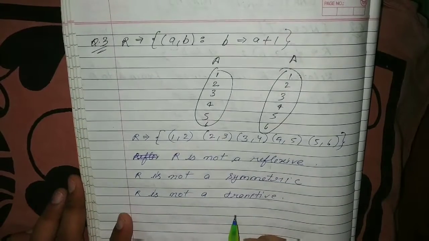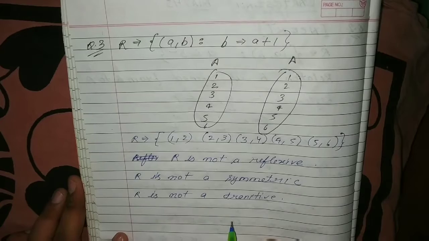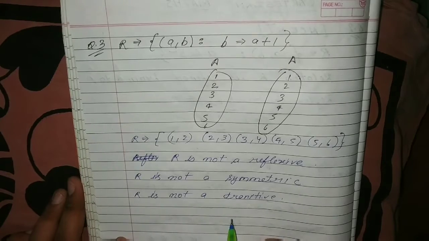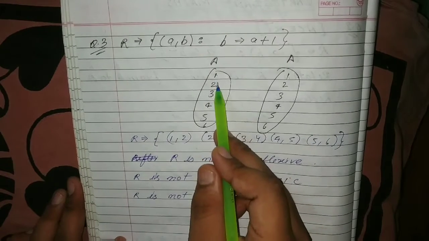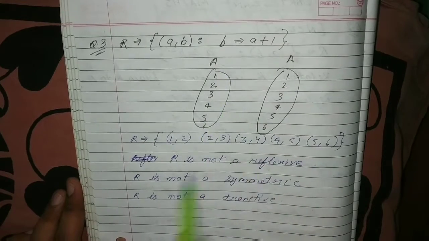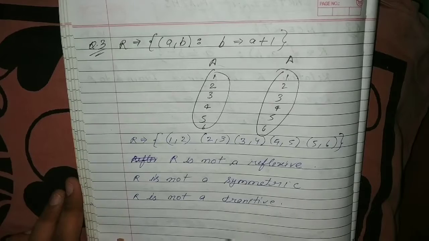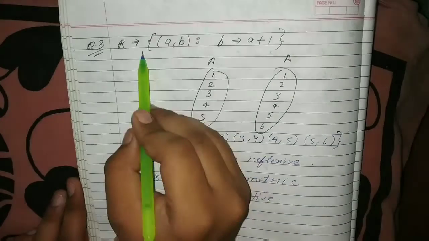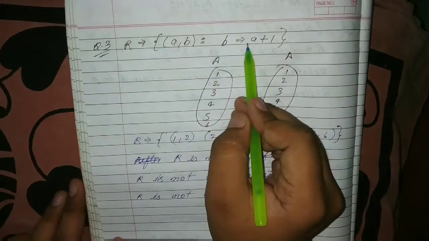Guys, this is a question in which we have to check whether the relation defined in the set is reflexive, symmetric or transitive. It is given that set A contains the elements 1, 2, 3, 4, 5, 6. Now they have given a condition that R is equal to {(a, b) such that b is equal to a plus 1}.